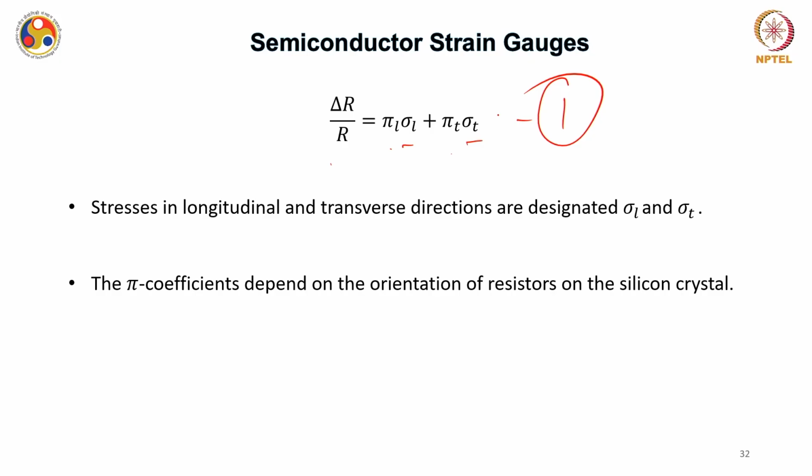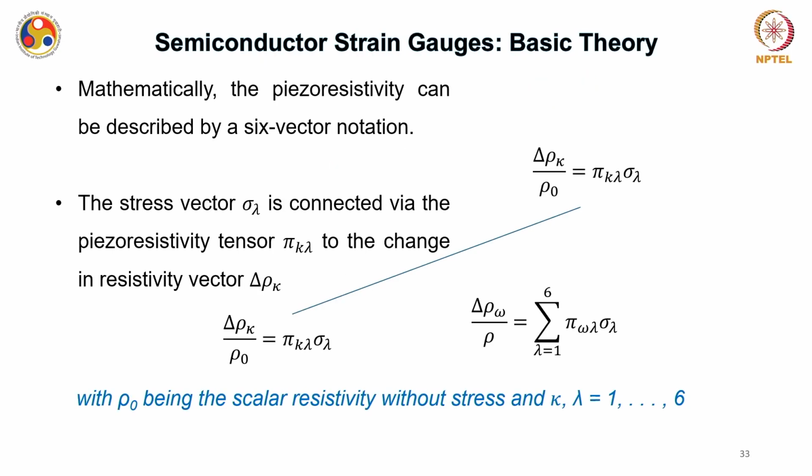Now, the pi coefficient here depends on the orientation of the resistors relative to the silicon crystal. Mathematically, the piezo-resistivity can be described by 6-vector notation.